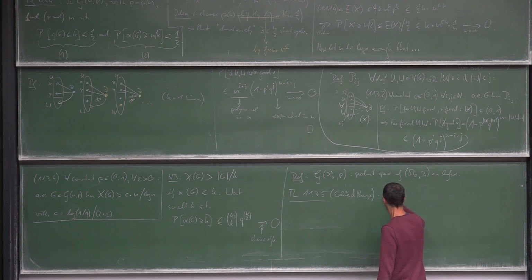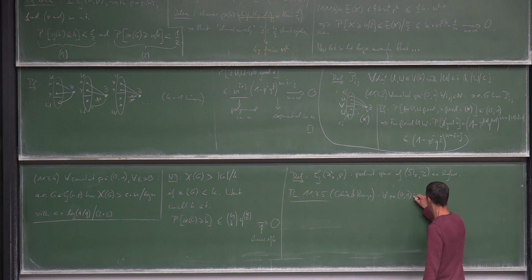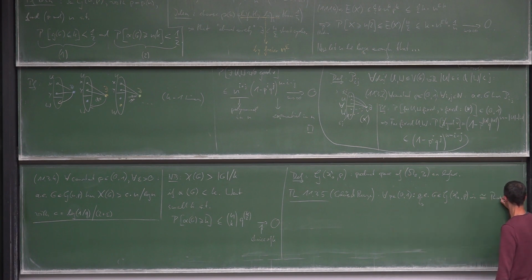So for every constant, but now constant makes no sense, so for every choice of p that is neither 0 nor 1, almost every g of G(aleph naught, p) is isomorphic to the Rado graph.